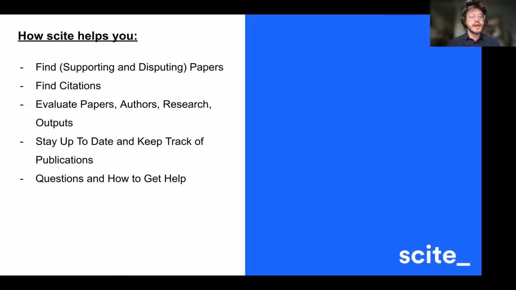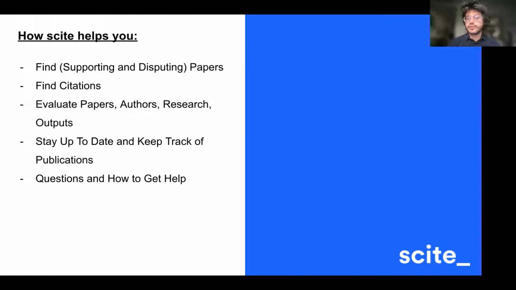I'm wary of time, so we may not get to this, but we do have some functionality for keeping track of publications and staying up to date with citation alerts that are a little different from Google Scholar or a native journal alert.